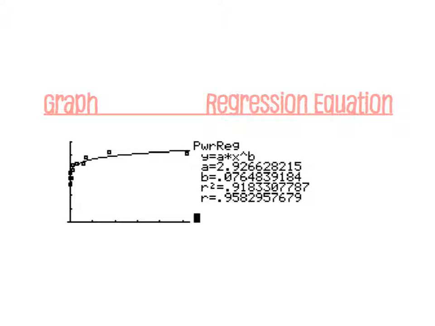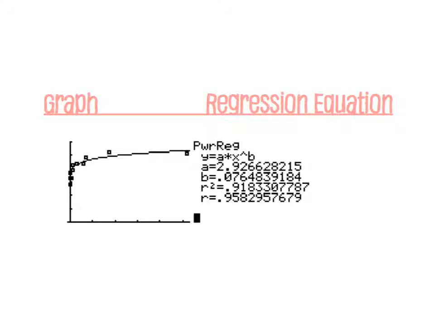The standard form of a power regression looks like this: y equals a, some constant, in this case 2.9, times x to some power. If you look at this particular example, ideally you recognize this from your toolkit as a square root function. It looks very similar to a square root function, but it's actually not a perfect one.